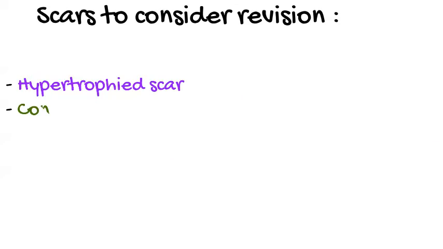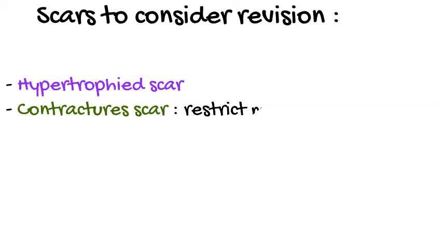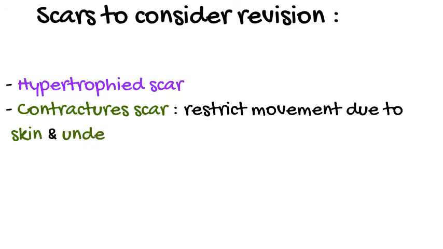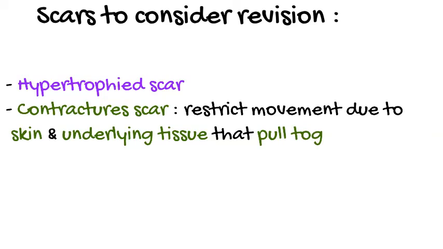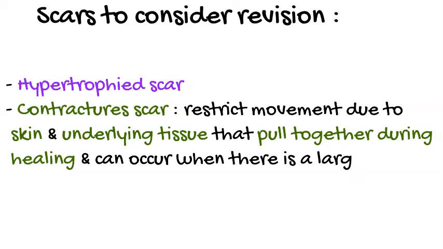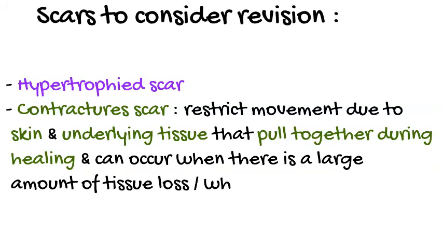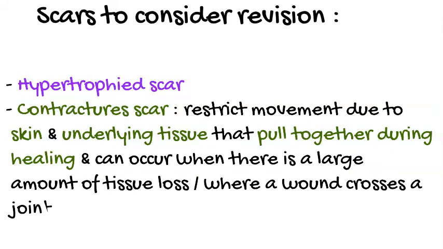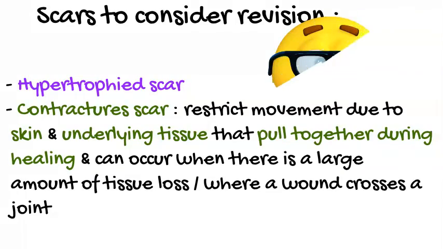A hypertrophic scar can be considered for revision surgery. A contracture scar restricts movement due to skin and underlying tissue that pull together during healing, and can occur when there is a large amount of tissue loss or where a wound crosses a joint.